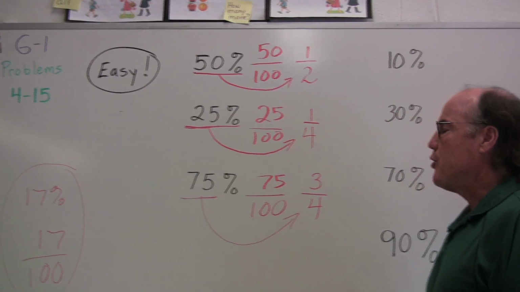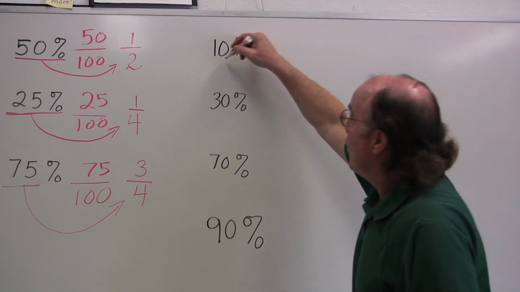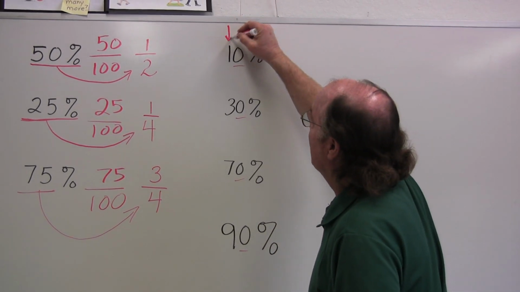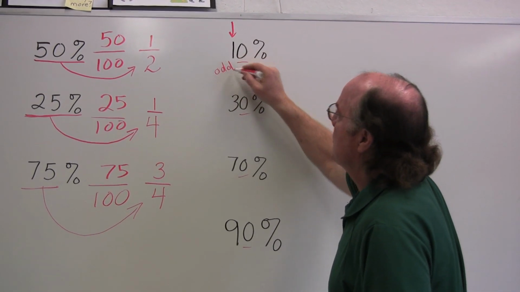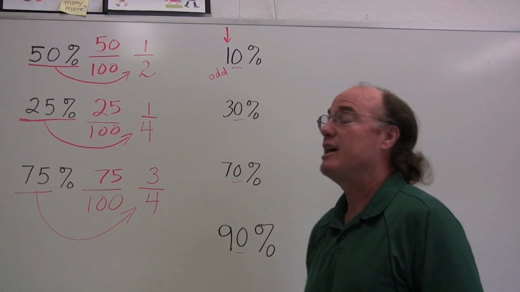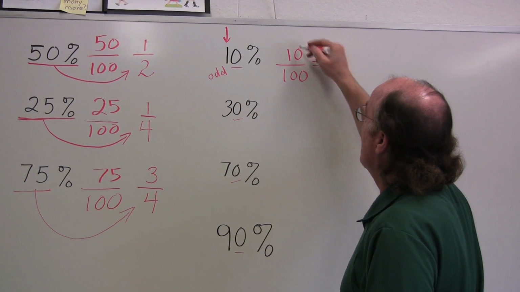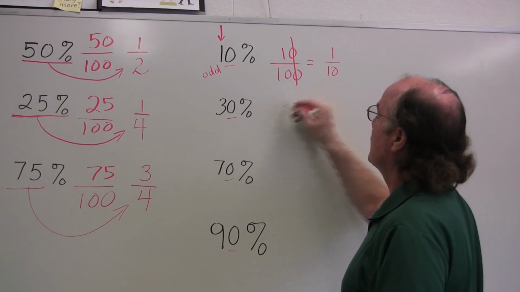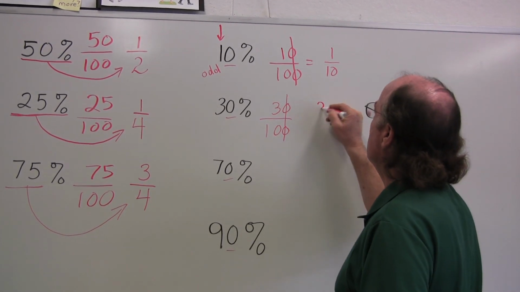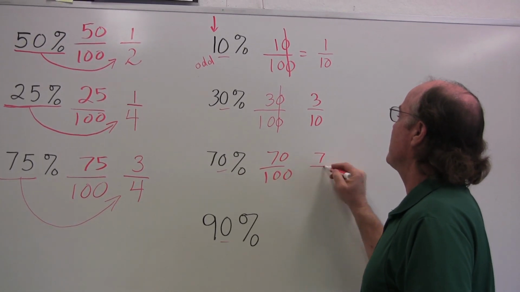Okay? Now four other very easy ones are the ones that end in 0 here. Okay? Now, notice also that these are odd. Because when they're even, like 20, 40, 60, 80, we can divide by 20. Those will be in the next level. But right here, 10 over 100, we reduce that to 1/10. 30%, 30 over 100 is 3/10. 70 over 100 is 7/10.